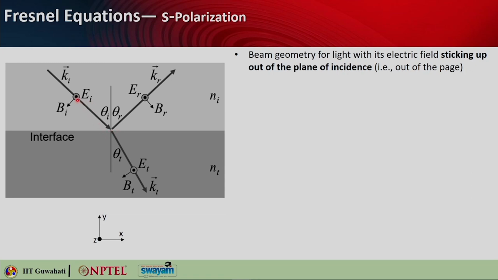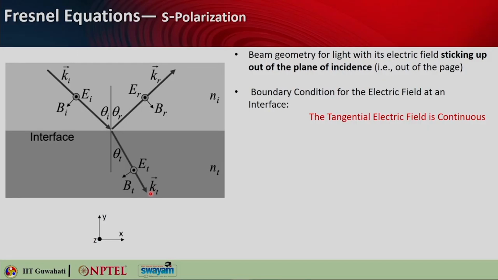That way you will find that Bi, the magnetic field vector, is in this direction for the incident wave. For the reflected wave it is in this direction, and for the transmitted wave it is in this direction. You can easily verify: E is up, E cross B, the thumb shows the direction of wave propagation. That way you can always verify whether these directions are marked correctly or not.